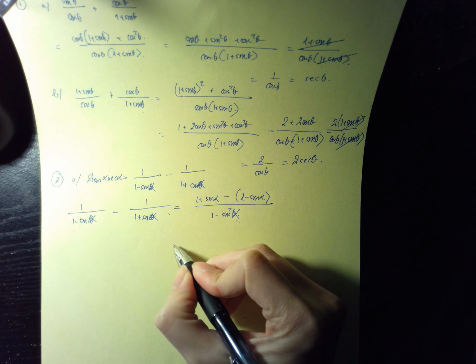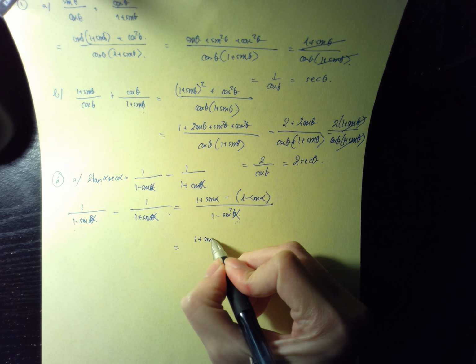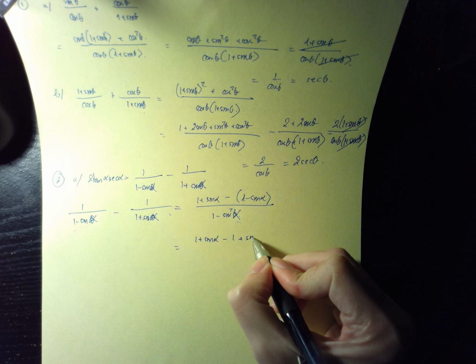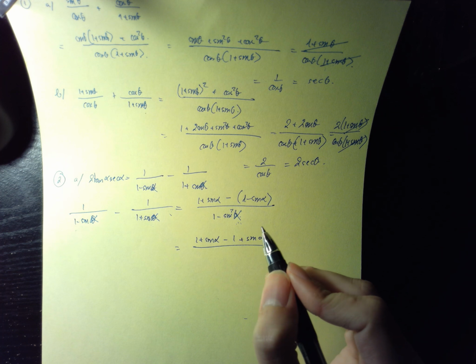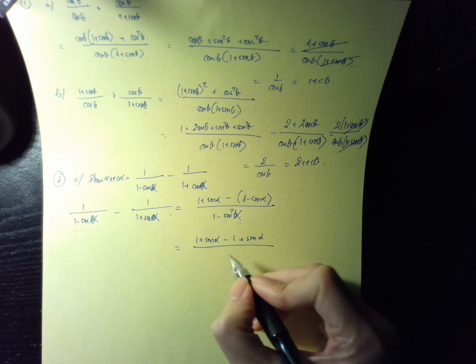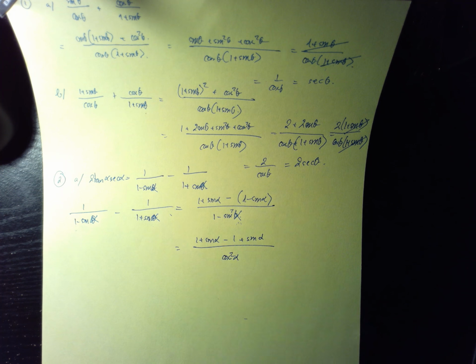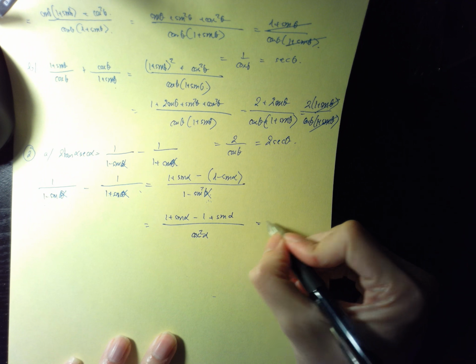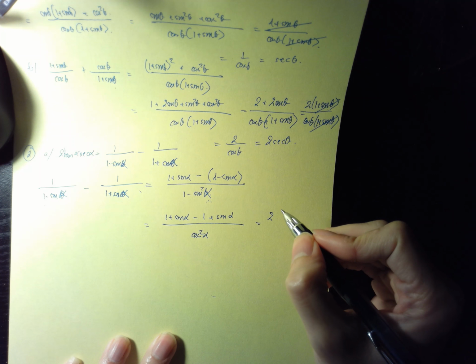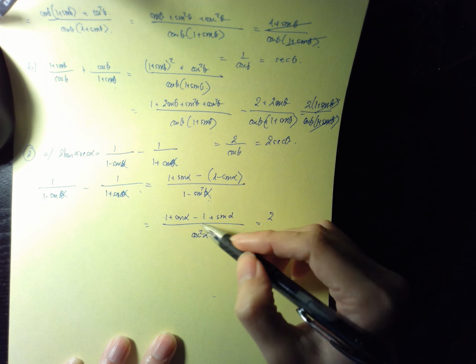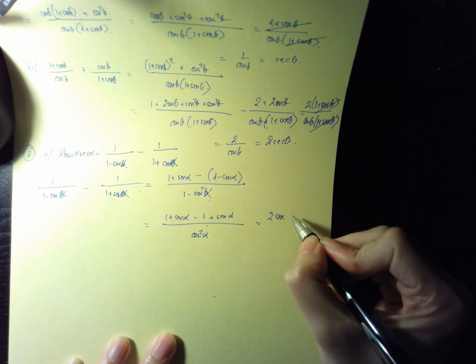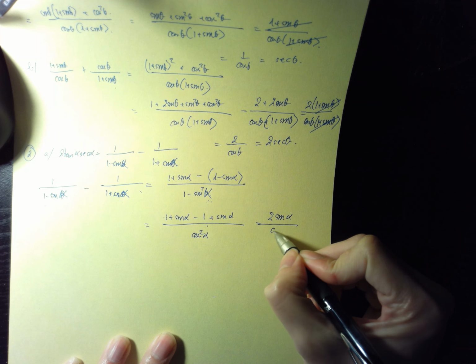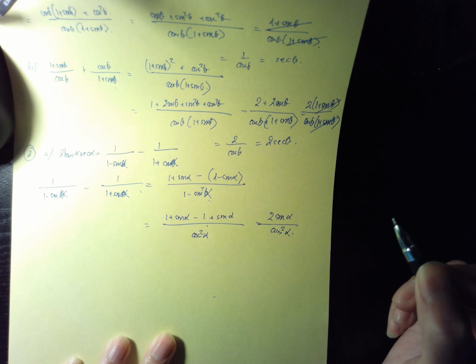Okay, and then you distribute the minus sign. Okay, and 1 minus sine alpha gives you cosine square alpha, right? And you will have 2, 1 minus 1 gives you 0, and you have sine plus sine is 2 sine alpha over cosine square alpha.